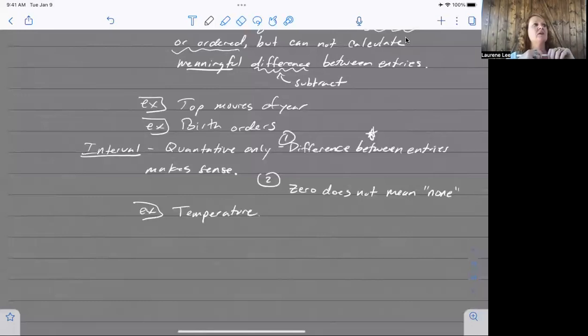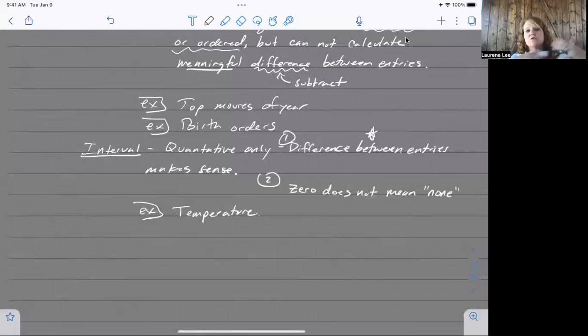Now let's compare that to something like weight. When I say I weigh 100 pounds or 110 pounds, you can calculate that difference. Okay, so again, difference has meaning and makes sense. But now when I say that something weighs 0 pounds, that actually does mean that there is no weight, right?